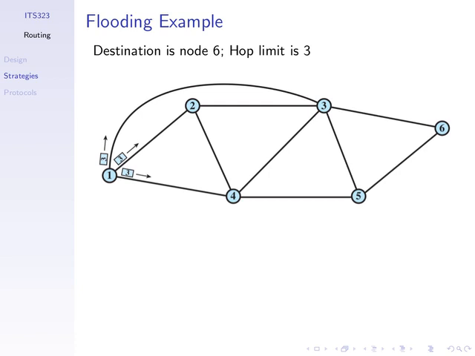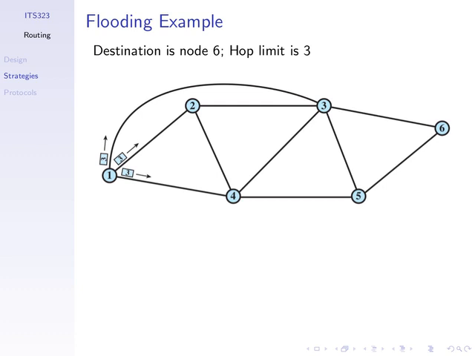And in this example, let's set it to 3. The initial value is set by the source. What 3 means is that we want copies of this packet to traverse up to a maximum of 3 hops, after which do not send any more copies.